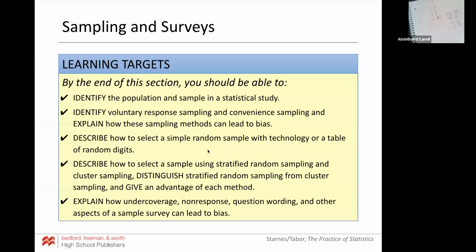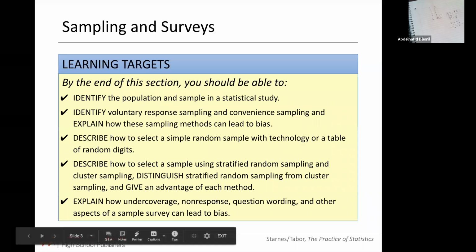Then we're going to be describing the selection of random sampling or simple random sampling, SRS, and how we use a table or technology to use the SRS. And then we're going to be describing the sample using stratified random sampling and how we distinguish between stratified random sampling from cluster sampling and give an advantage to each of the methods.